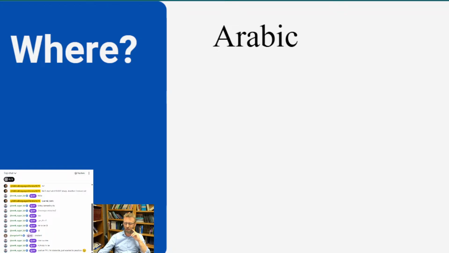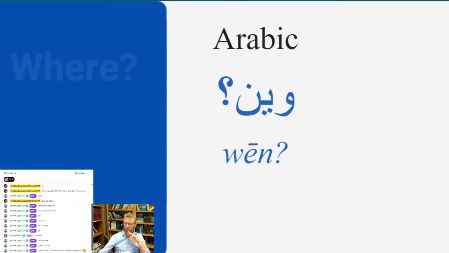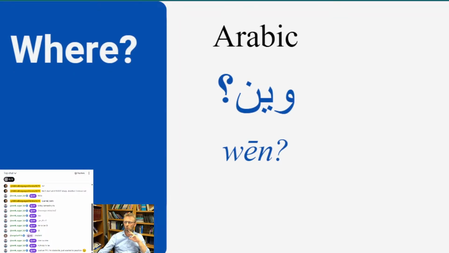All right, and so in Arabic, how did we ask the question where? Does anybody remember that from previous videos? How do we ask the question where? It is wayn. In Palestine and Israel, you can also hear fayn. That also shows up as well.